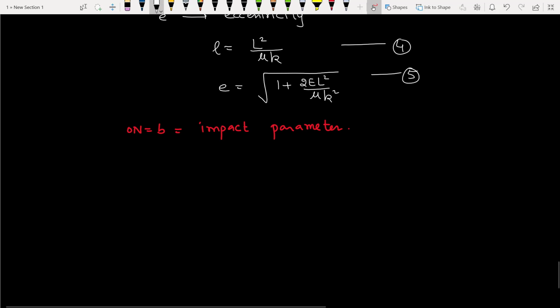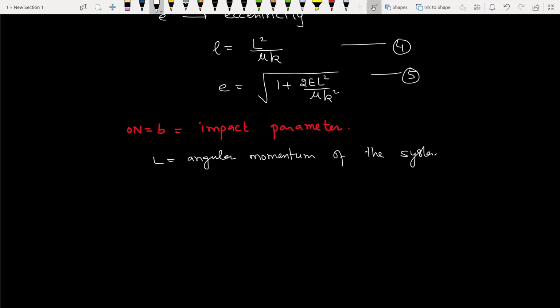And capital L, the angular momentum of the moving particle, the angular momentum of the system, is equal to linear momentum into perpendicular distance.